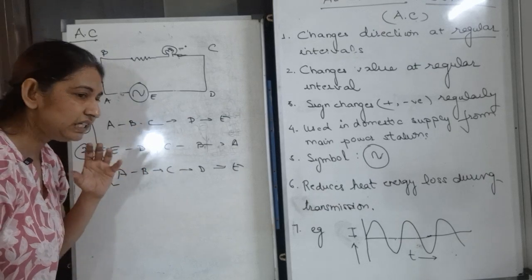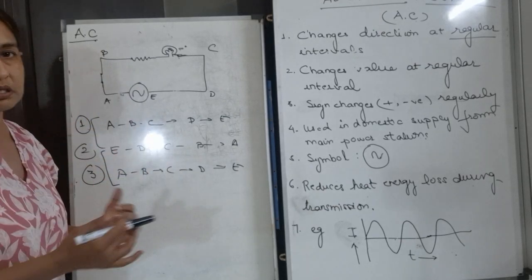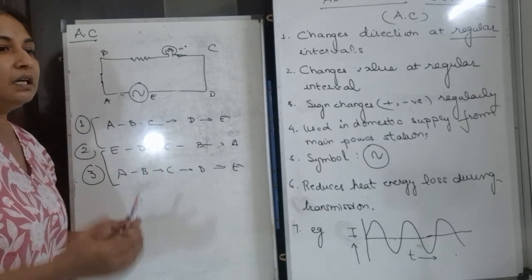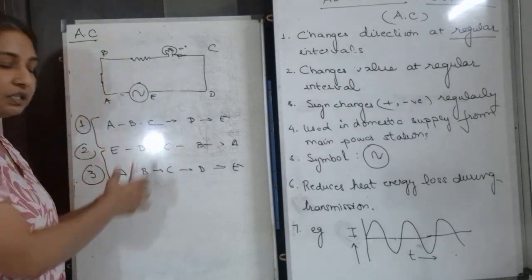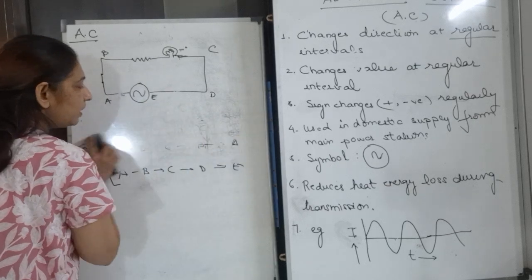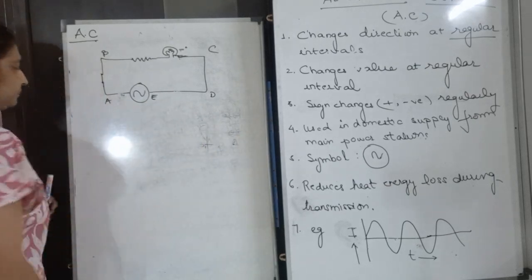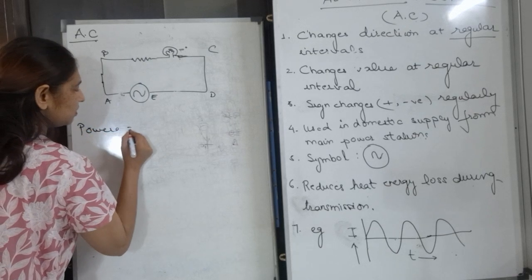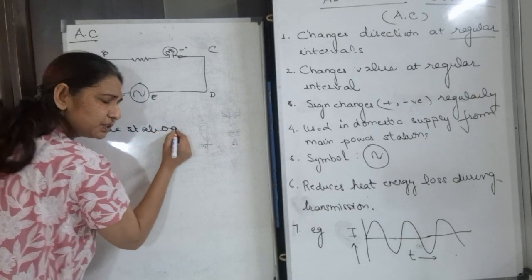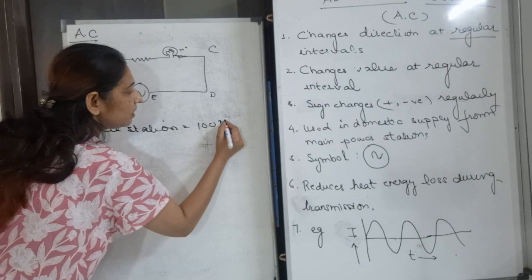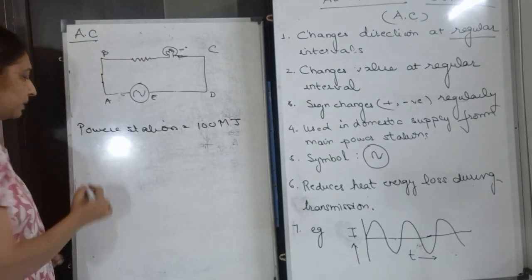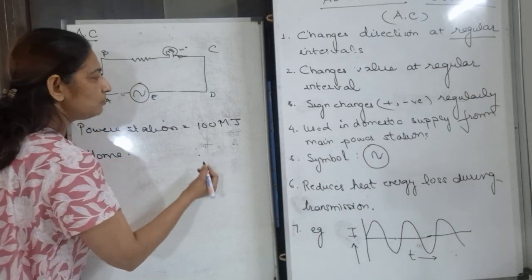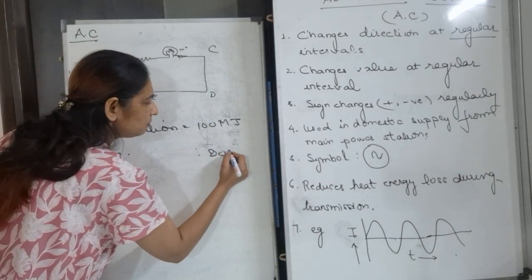सो इफ यू यूज अ डीसी करंट, दैट हीट लॉस, वो एनर्जी लॉस हो रही है. अगर हीट निकल रही है इसका मतलब एनर्जी लूज हो रही है. सपोज पावर स्टेशन में, जस्ट फॉर एन एग्जाम्पल, 100 मेगा जूल एनर्जी बनी, बट बाय द टाइम इट रीचेस होम, this will be only 80 megajoules.